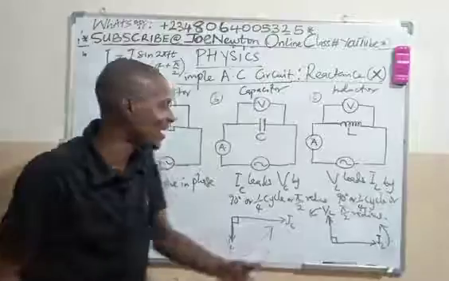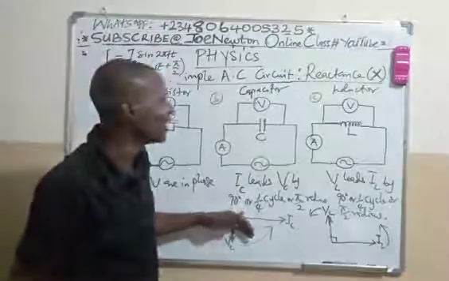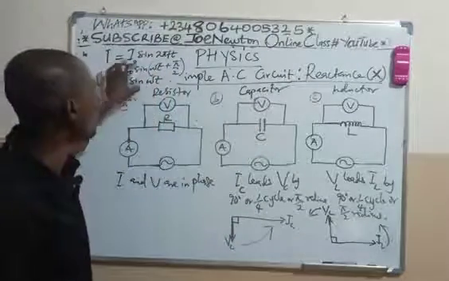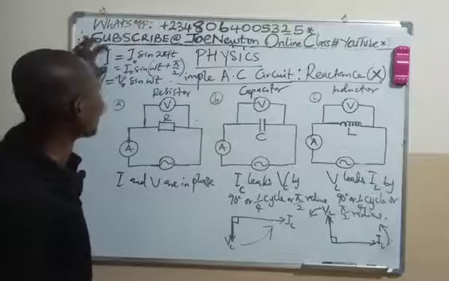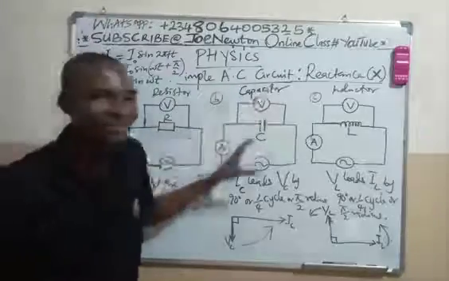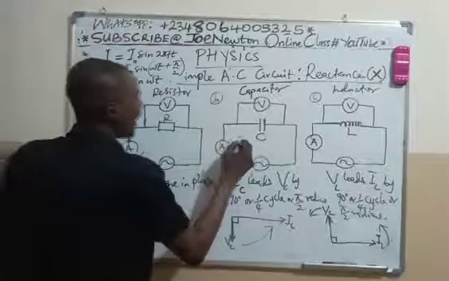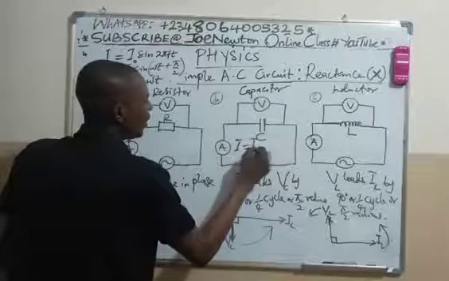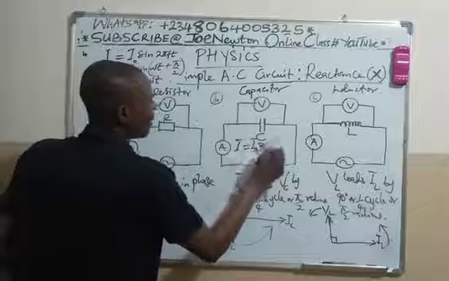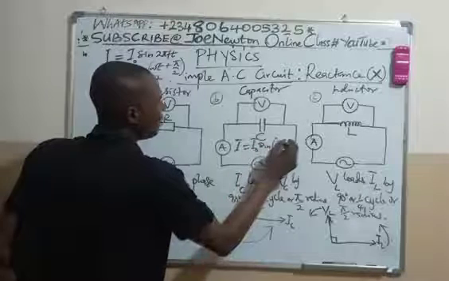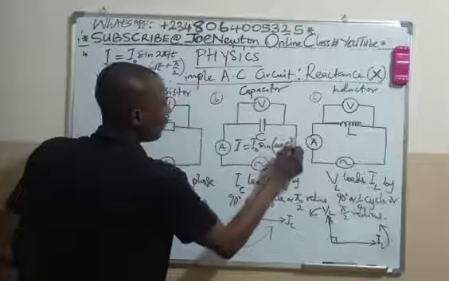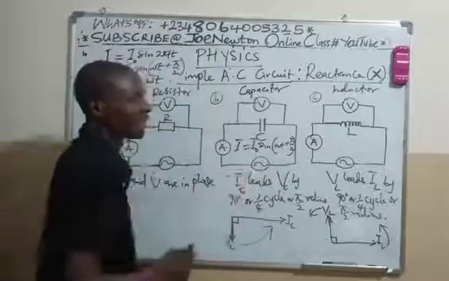It leads with a phase angle of 90 degrees. This is what the instantaneous current will be in the case of capacitance in an AC circuit. So we have that I is equal to I naught sine (omega t plus pi over 2) here, because the current leads.